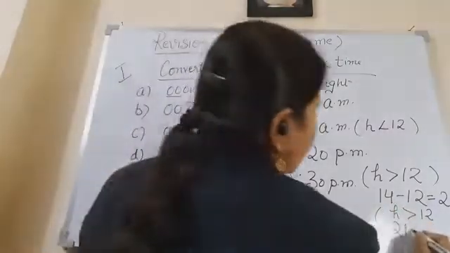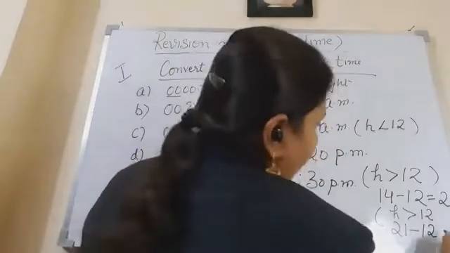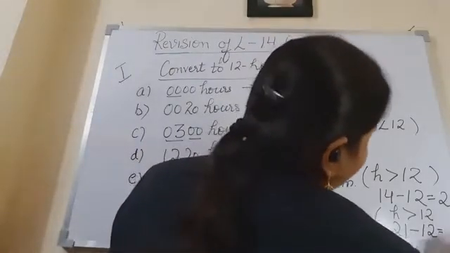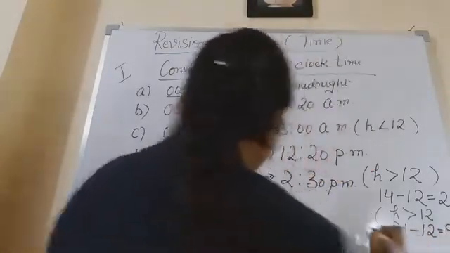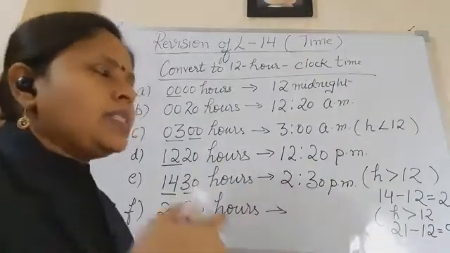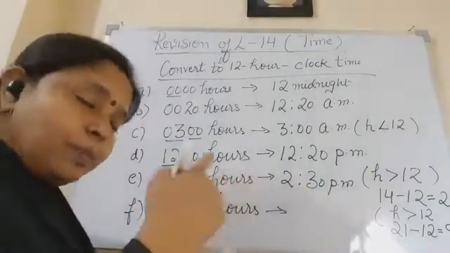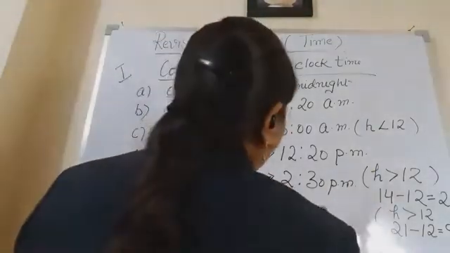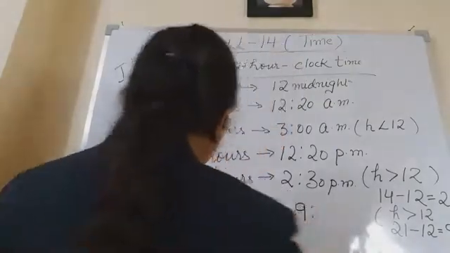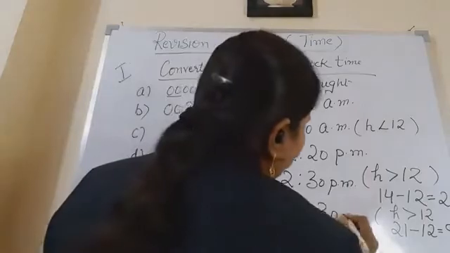From 21 you will subtract 12, right? And what will you get? Well, you will get 9. So, and since the hour is more than 12, it means the time in 12-hour clock will be in PM. Okay, that is after midday. So you will write the time as 9 and the minute is 30, right? So it is 9:30 p.m.